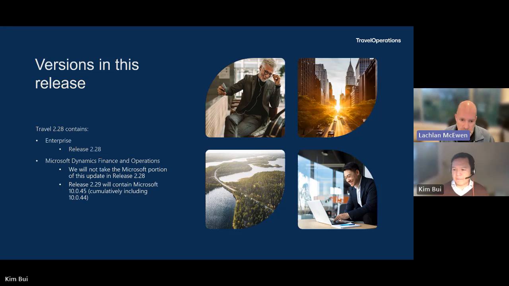We found an error in the code when we were doing regression testing on our side with the RSAP feature. So we're actually skipping the 10.0.44 of the Microsoft release, and that will be included in a new version upcoming, which is release 2.29, and that'll include the update of the Microsoft release 10.0.45.